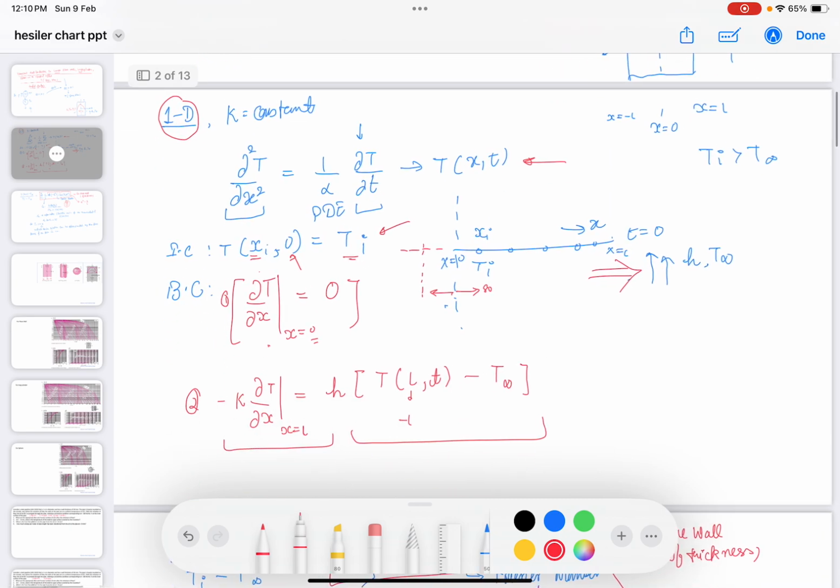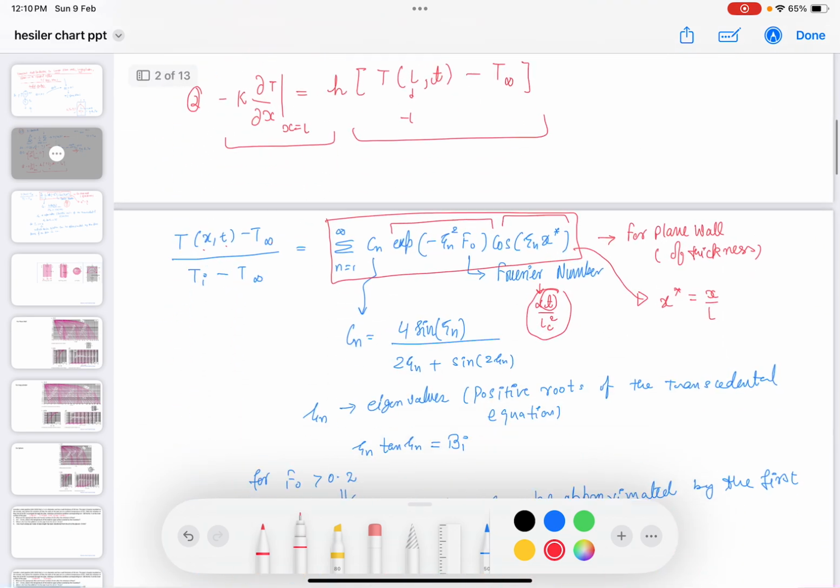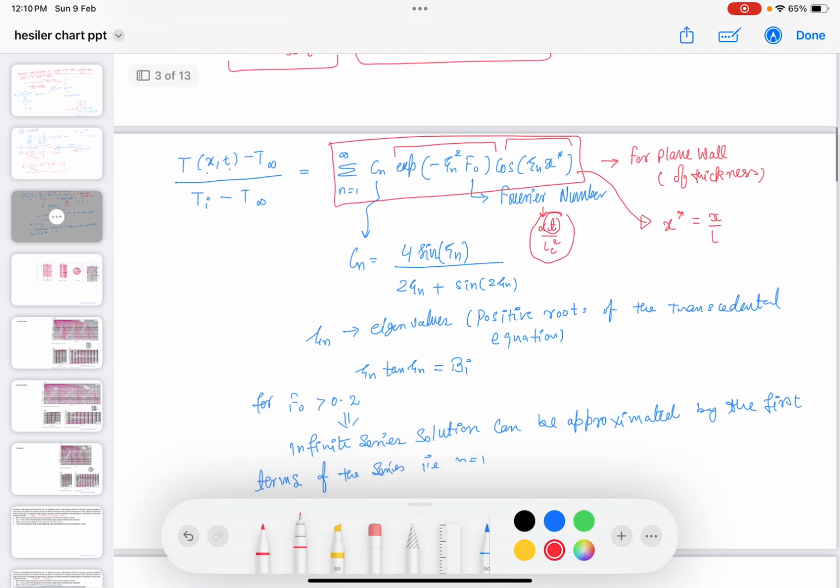So if this is the plane wall, let's say we are interested in finding the temperature at this location, which is the x location, and the total length is L on one side, so x by L is the non-dimensional coordinate.